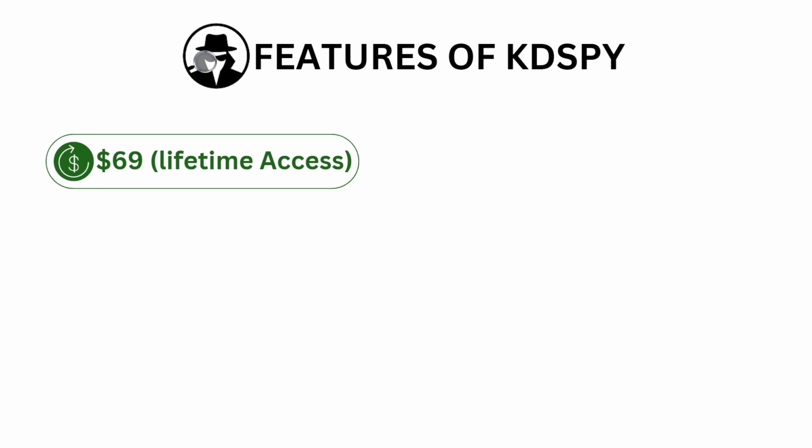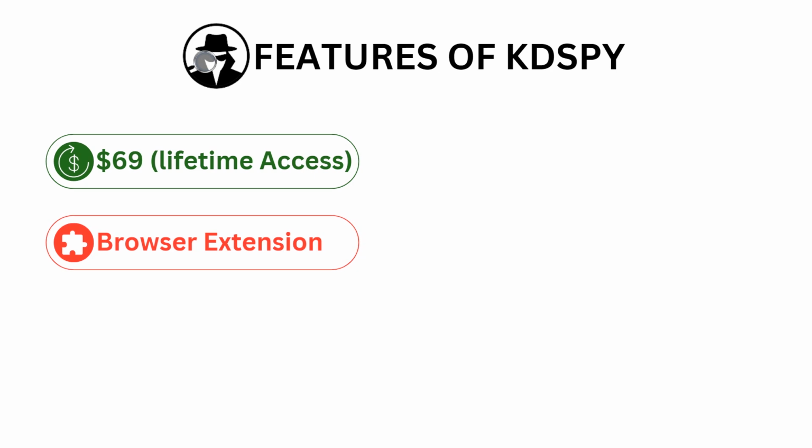Secondly, it's a browser extension. Unlike Publisher Rocket, that is a software, Kdspy is a browser extension, and this saves you device space. Instead of wasting space to download software, you just attach this to your browser, be it Chrome, Mozilla Firefox, or Safari, using just an extension plugin.